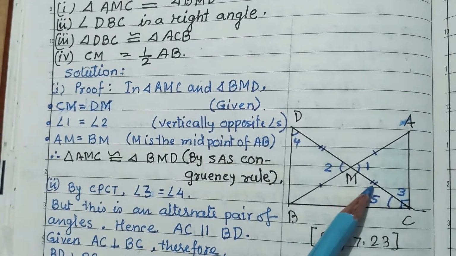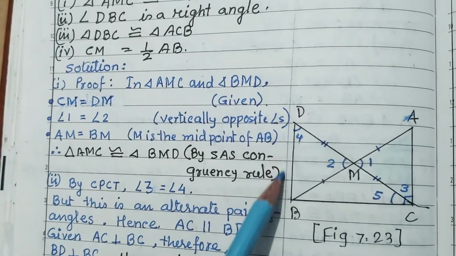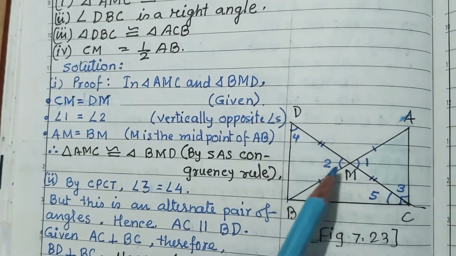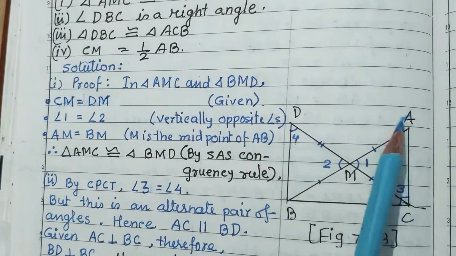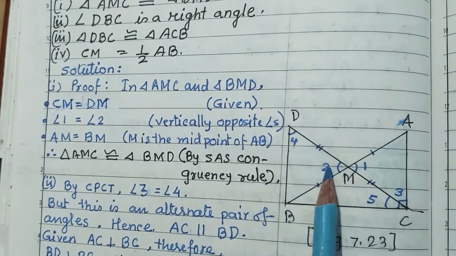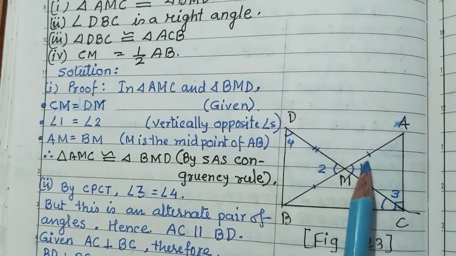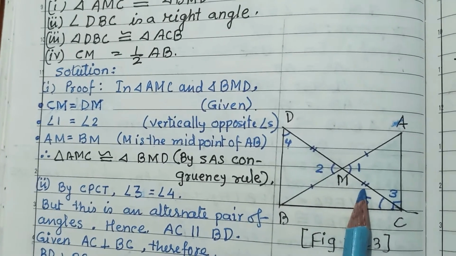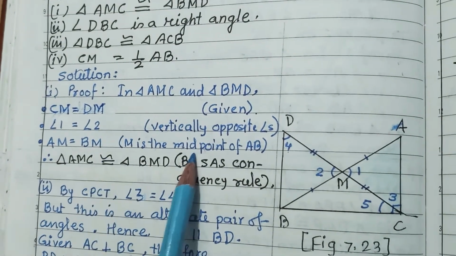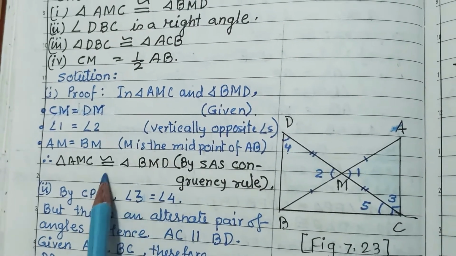These two are also equal. Now join BD. We have to prove triangle BMD is congruent to AMC. Now these two are vertically opposite angles, given this equal to this equal to this. So by side angle side congruency rule, these two triangles are congruent.